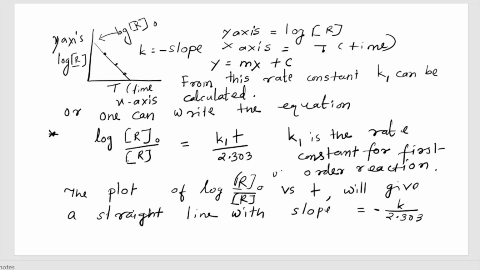Here the plot is actually y-axis versus time, then what is the slope? See, this is your y-axis, and t is on which axis? X-axis. Then you will get slope equal to minus k1 by 2.303. So here you see the graph.